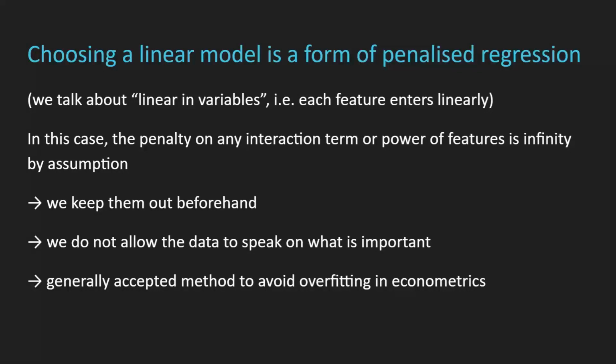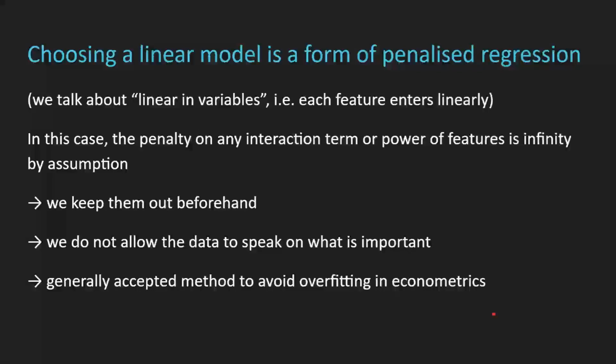It means that we have a prior weight, a prior penalty on any interaction term or power of these features, and it's infinity. So we know they would never enter the model, so we can exclude them beforehand. We don't know this, but we assume it.